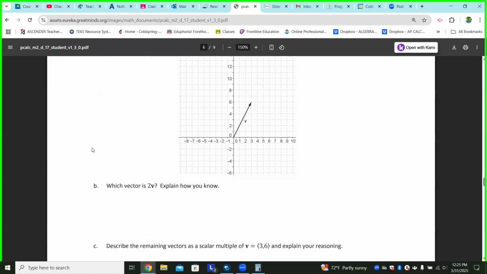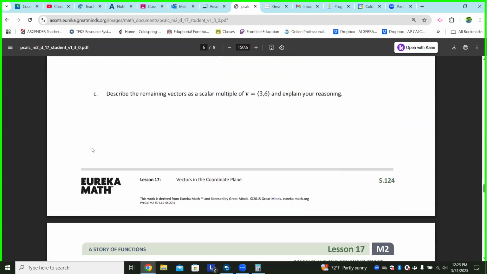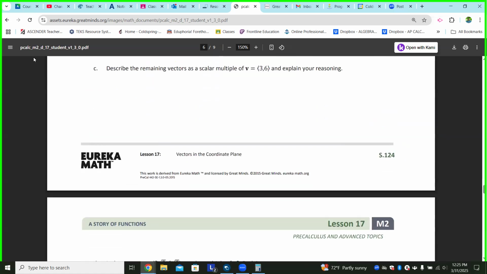All right, let's look at part C. Let's describe the remaining ones. And we kind of already talked about all of them. So let's look at U. What would U be in terms of V? 3V. What would W be in terms of V? -1, yeah.